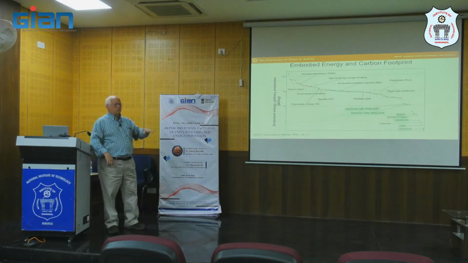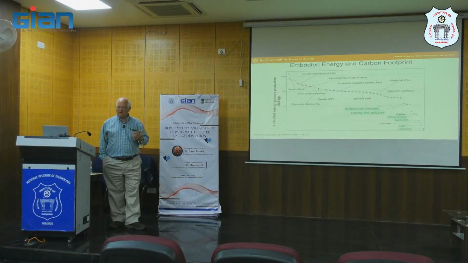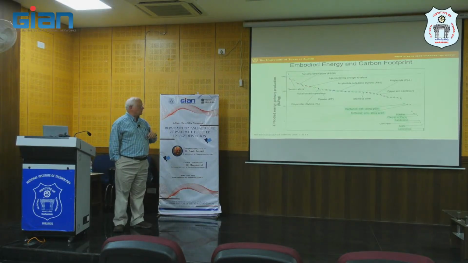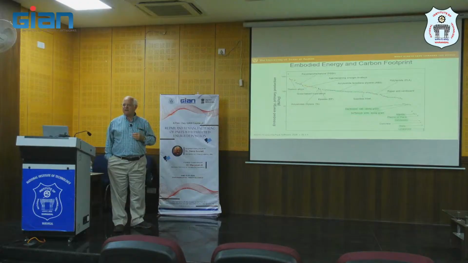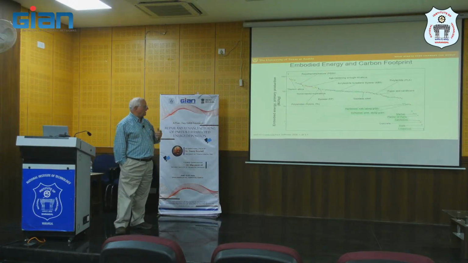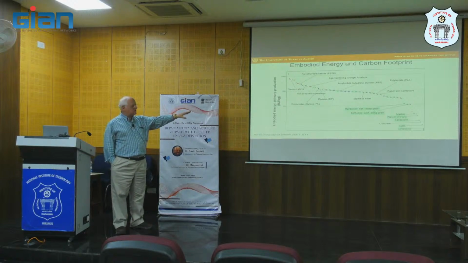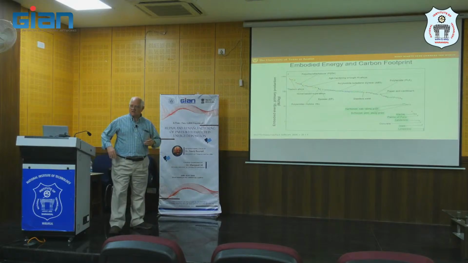But if you really want to go low, I list down here at the bottom the ones that are really low, where we're talking about 5 or 10 megajoules per kilogram of energy required to produce the part, or less. What we have are some woods, and then some ceramic type materials, concrete, and stone.